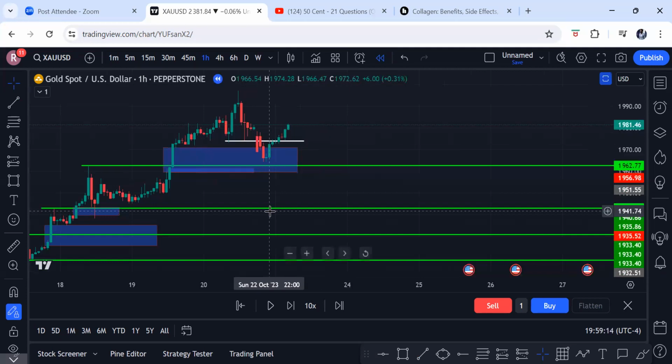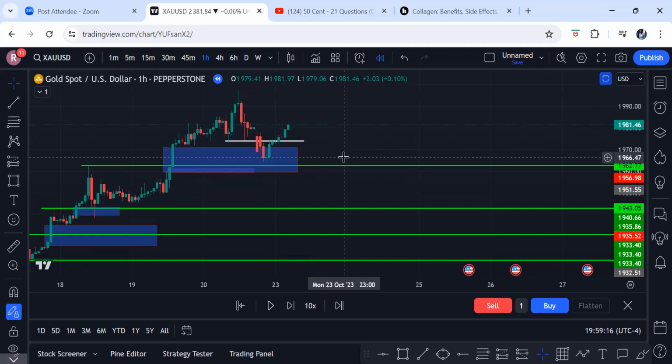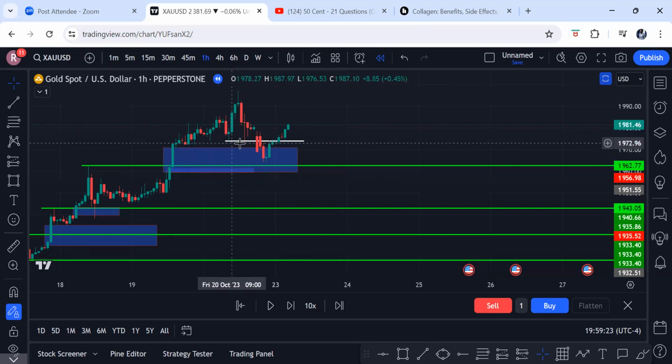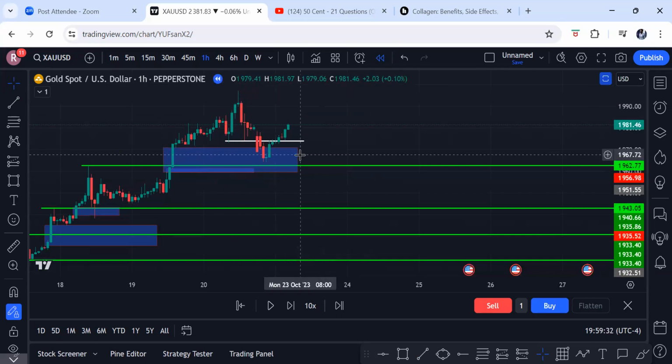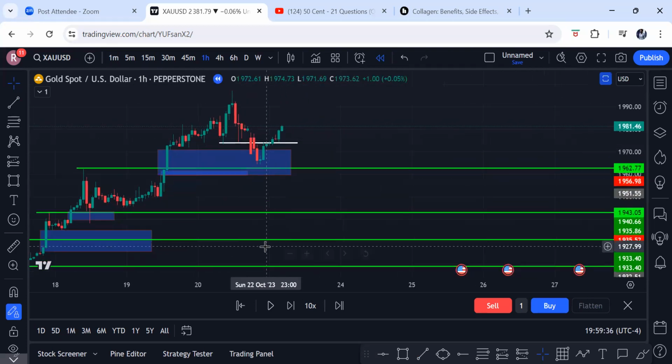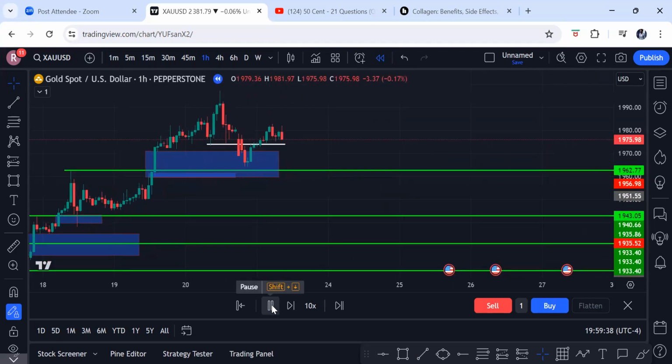Remember, you're just keeping perspective, or rather probability, as it relates to trading. If price does not create a new high, we're coming down for a little bit. So let's see where we go.